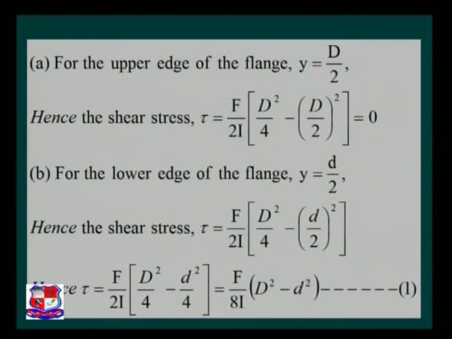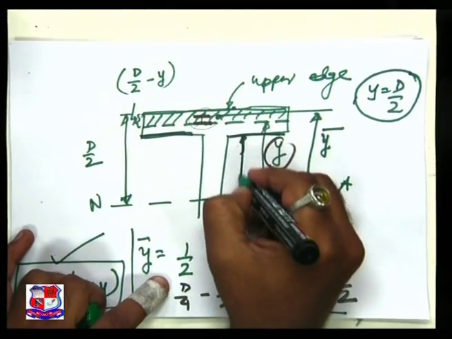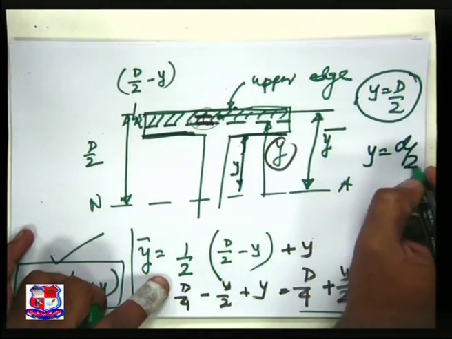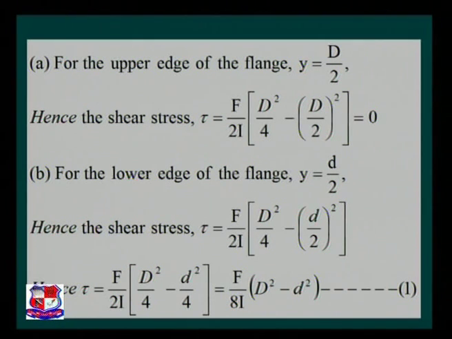If I take this as the edge here, then my y is this one. So in that case y is equal to small d by 2. Hence, when we take y equal to small d by 2, tau is equal to F over 2I bracket D square by 4 minus small d square by 4.